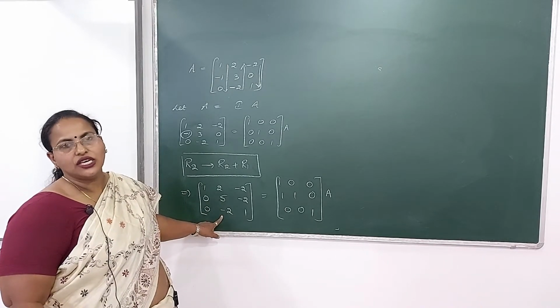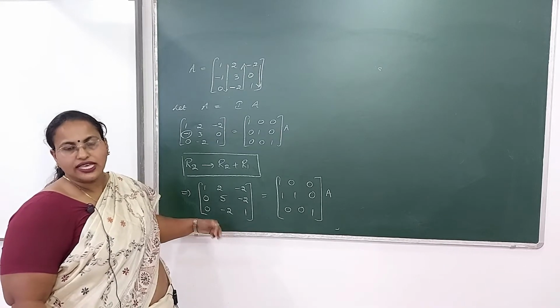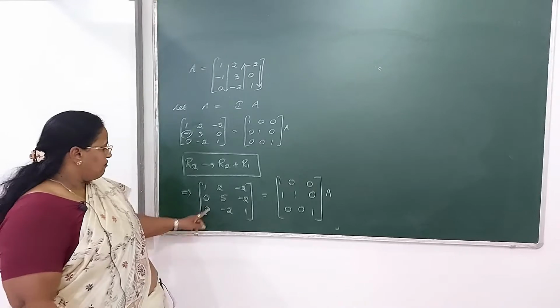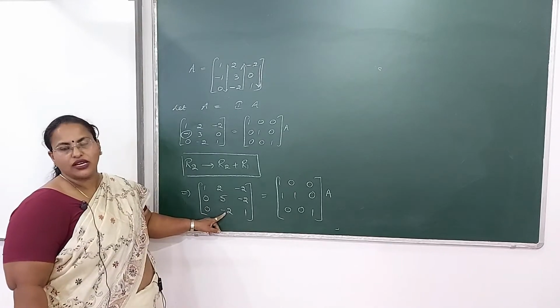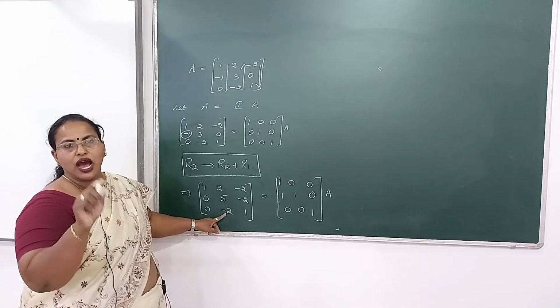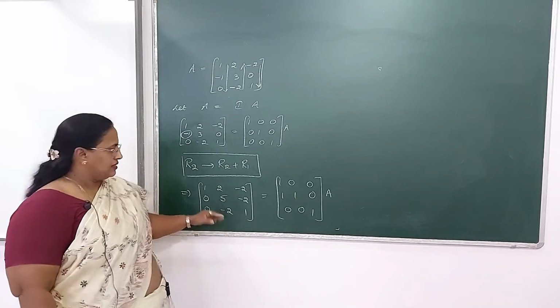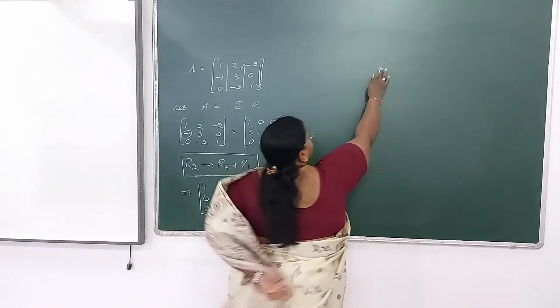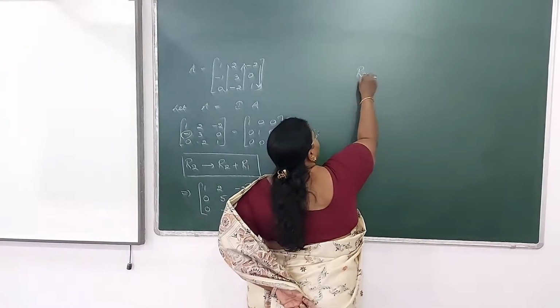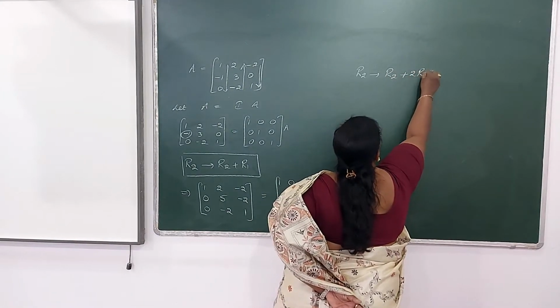So here you see it's very easy to get 1 here taking the help of R3. What way? 5 minus 4 is 1. So simply what you have to do? R2 replaced by R2 plus 2 times R3. Okay, so let us apply. So I am writing down the operation here. R2 replaced by R2 plus 2 times R3.